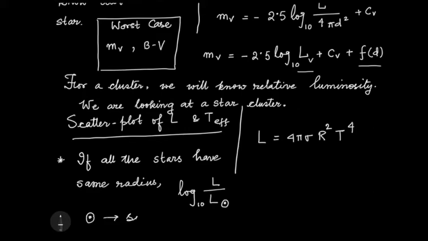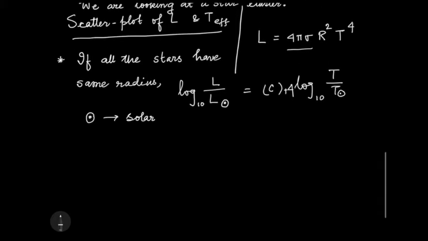So this turns for solar, and this will be some constant which is depending on 4 pi sigma r square, and then log of T by T sun, this plus 4 times log of T by T sun. Why? Because again, it's log of something to the power 4 is 4 times log of that.